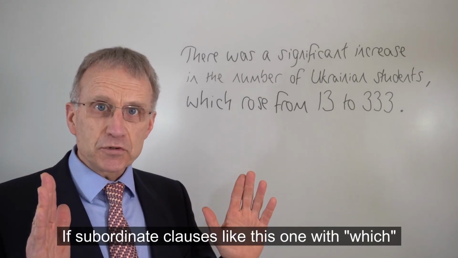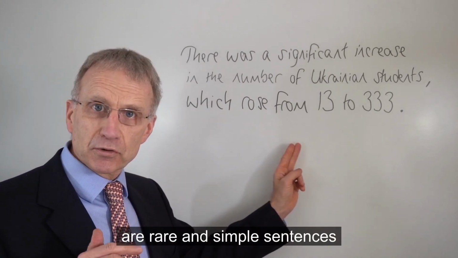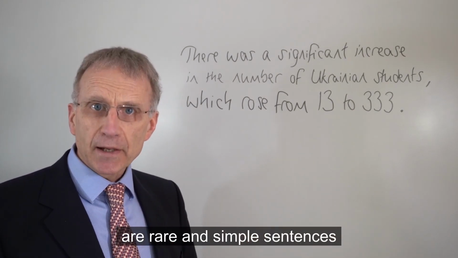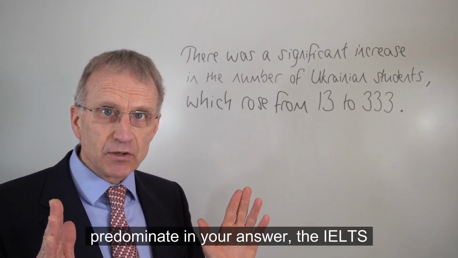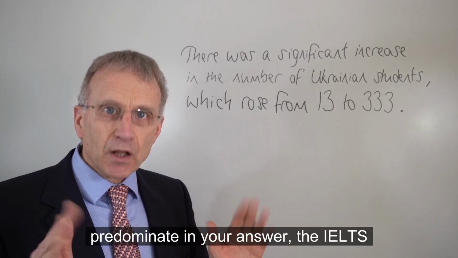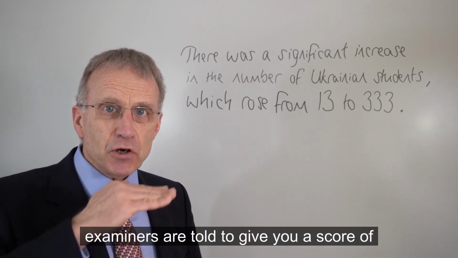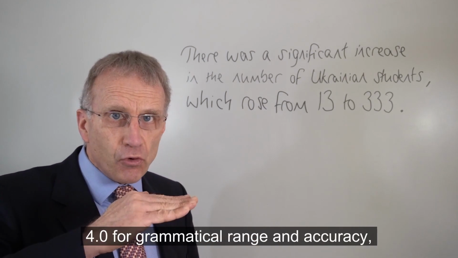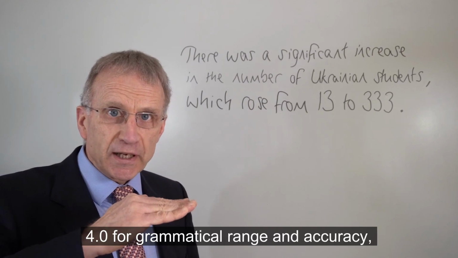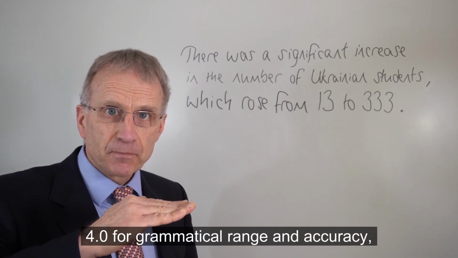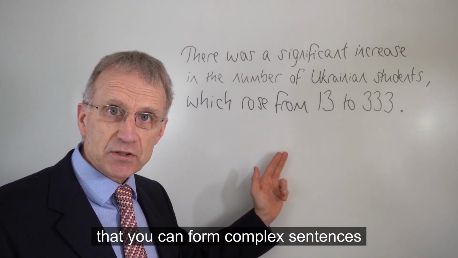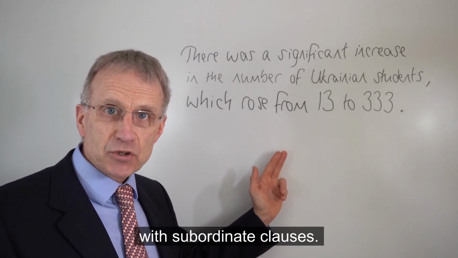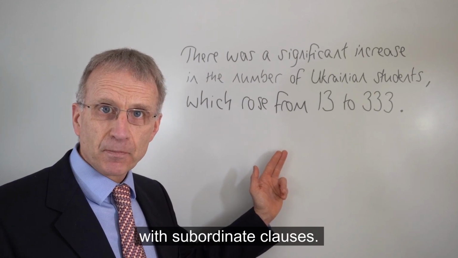If subordinate clauses, like this one with which, are rare and simple sentences predominate in your answer, the IELTS examiners are told to give you a score of 4 for grammatical range and accuracy. So you need to show them that you can form complex sentences with subordinate clauses.